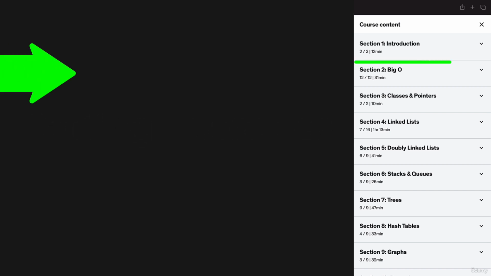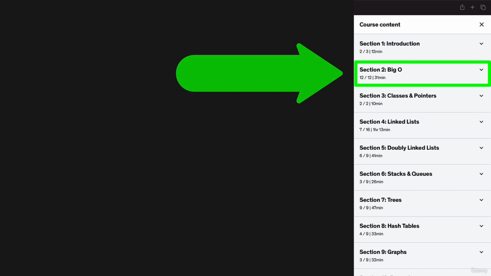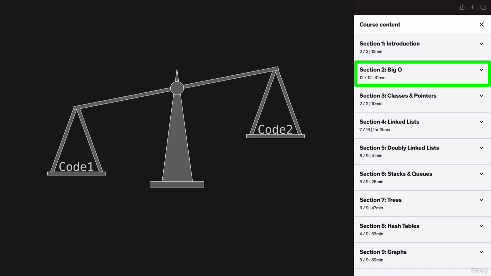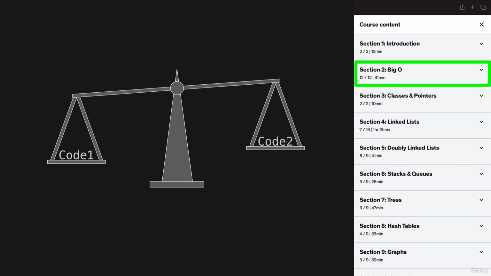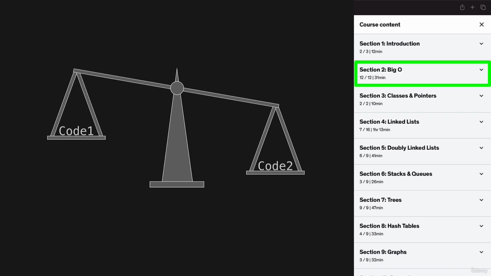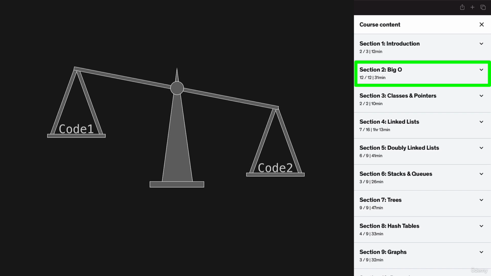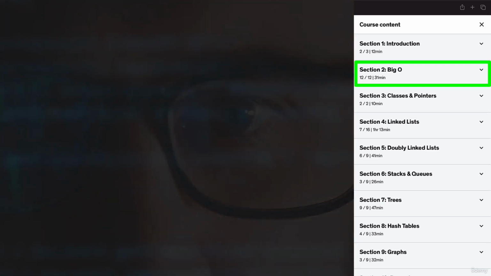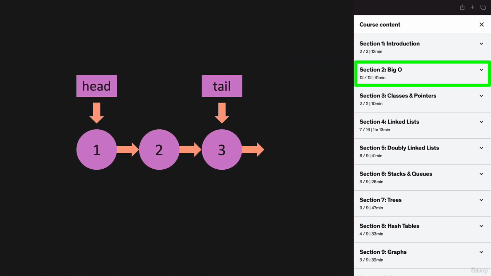So first, let's talk about Big O. Big O is a way of measuring how efficient your code is. And I'm going to give you just a quick example of where we might apply that. Let's say you're writing an application and you're trying to decide, should you store your data in a linked list or a doubly linked list? So you're looking at a singly linked list first.